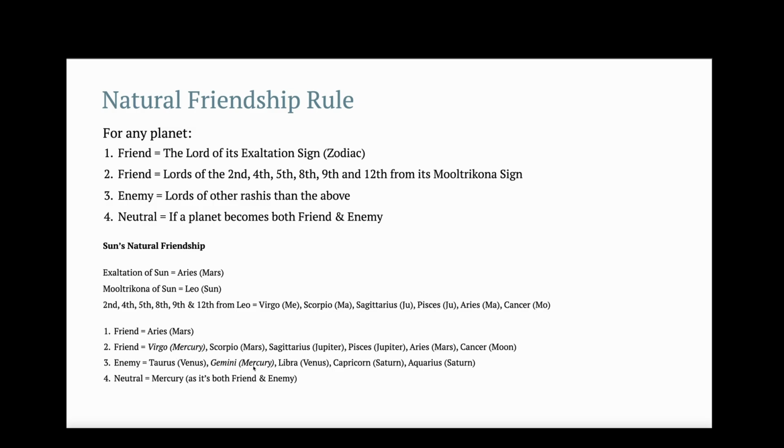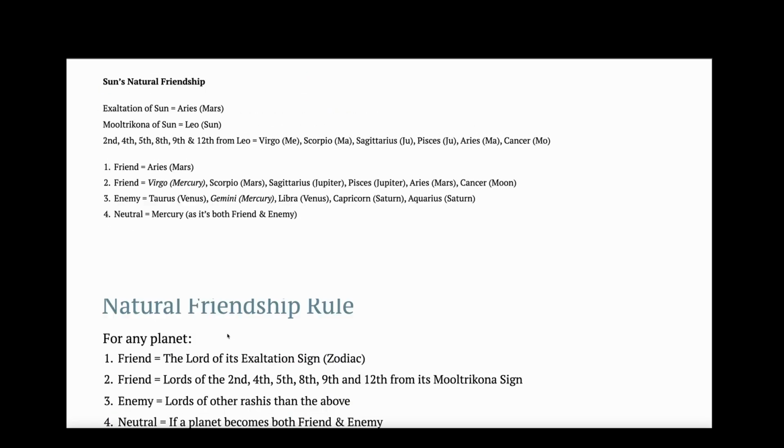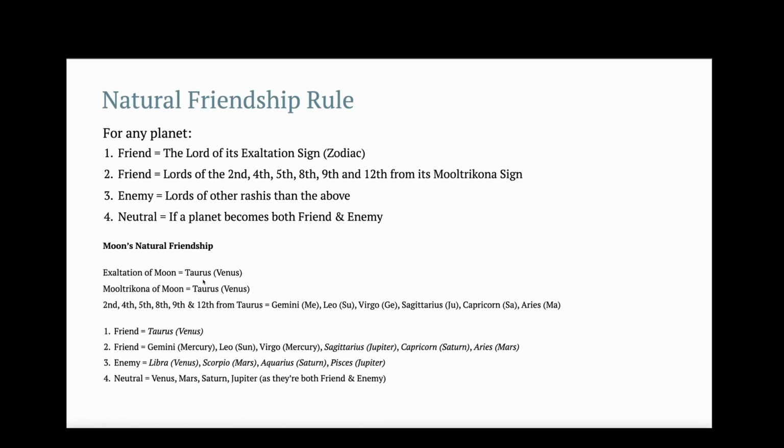Because of that, Mercury is a neutral planet for the Sun. This way we calculate the natural friends, natural enemies, and natural neutral planets of any planet. Now let's look into the natural friendship of Moon.